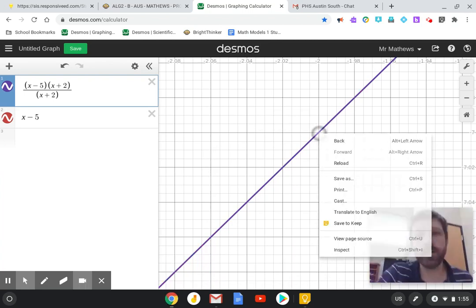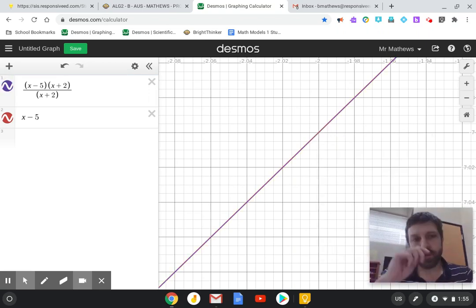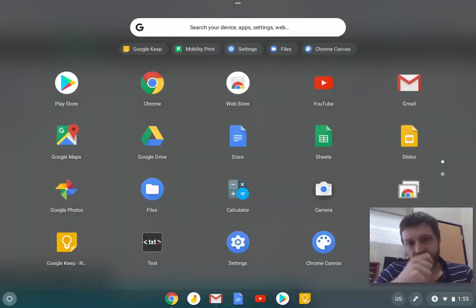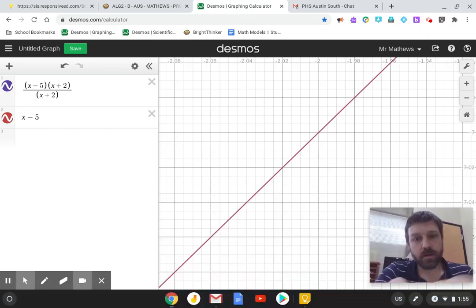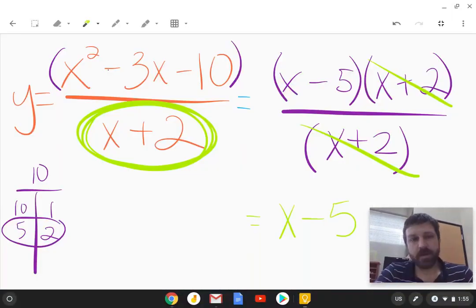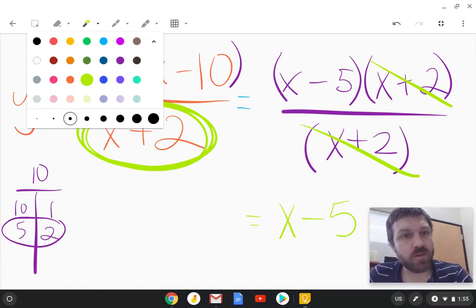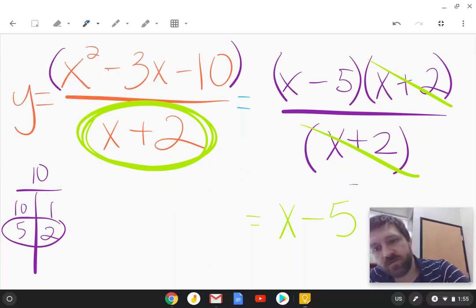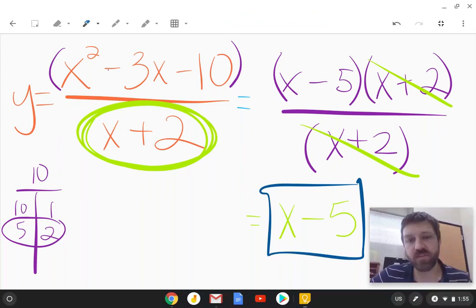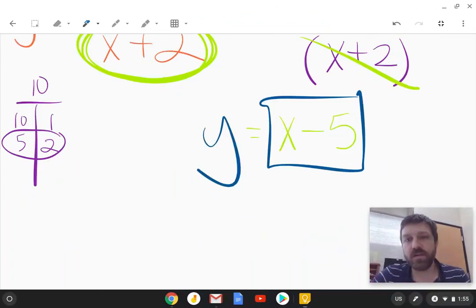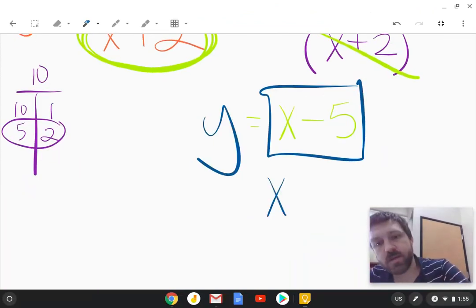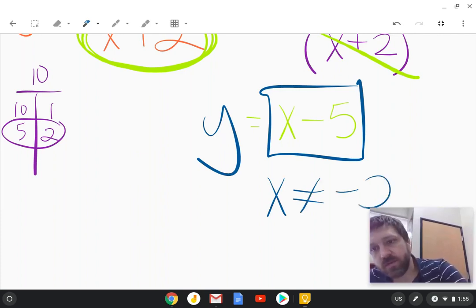It's undefined. So what I'm telling you is this. The graph of rational functions in this form look like the graph of whatever you get when you simplify it. So the graph looks like y equals x minus 5, except x does not equal negative 2.